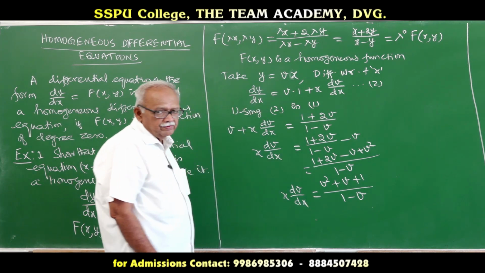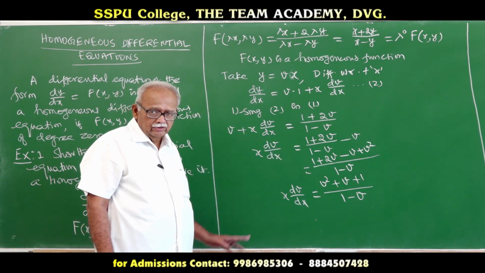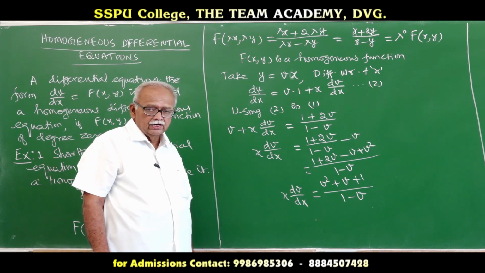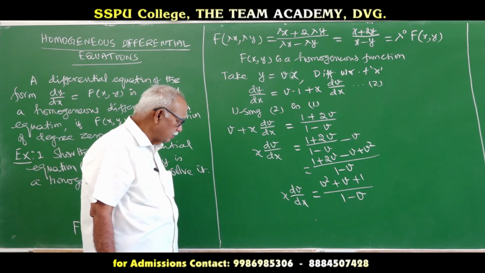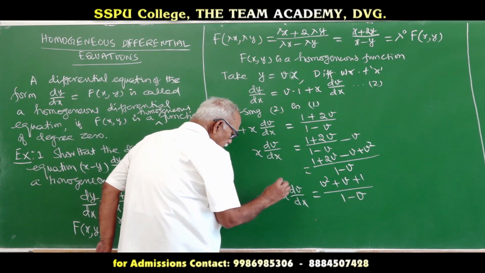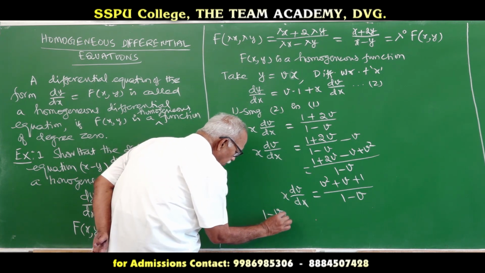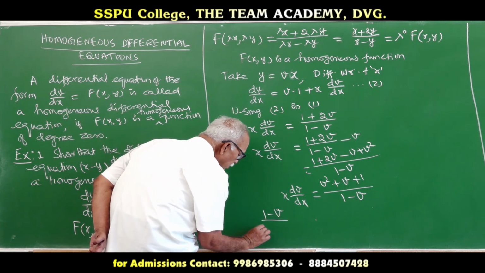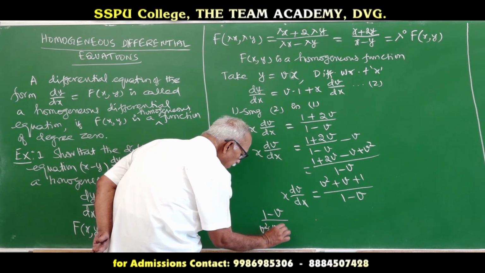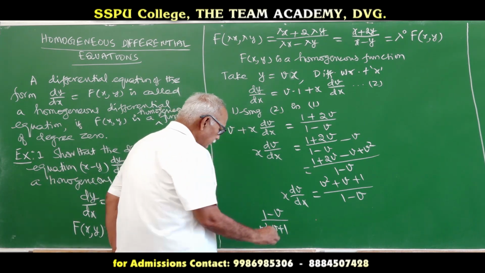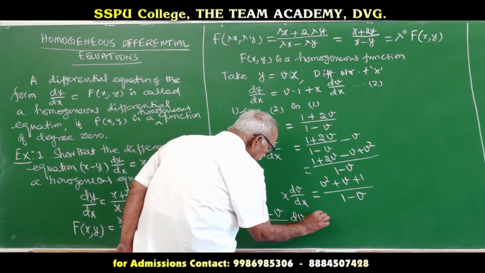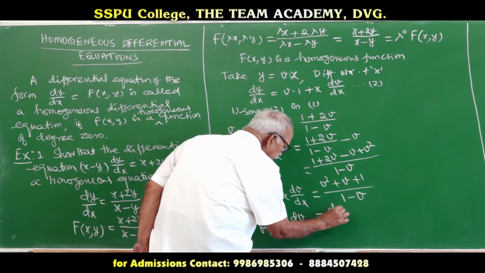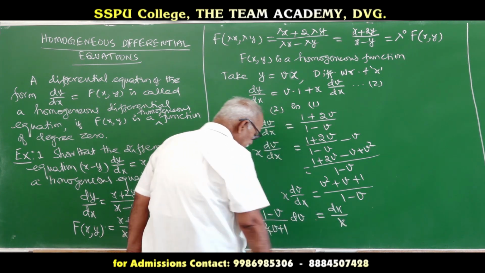Now, the method is variable separation. Now, the variables are x and v here. So, we can separate the variables. How to separate the variables? Bring the variables here. 1 minus v by v square plus v plus 1 into dv is equal to dx by x.